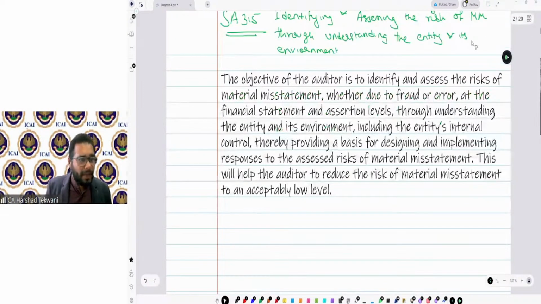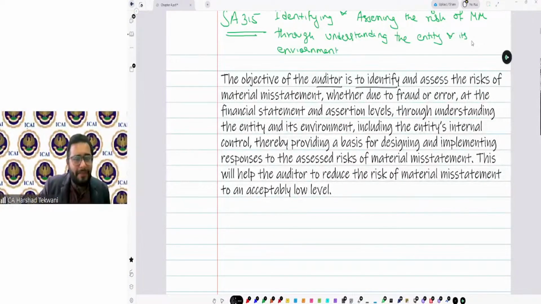Basically, the objective here is that the auditor is to identify and assess the risk of material misstatement, whether due to fraud or error, at the financial statement and assertion level. We did it at the assertion level through understanding the entity and its environment, including the entity's internal control.